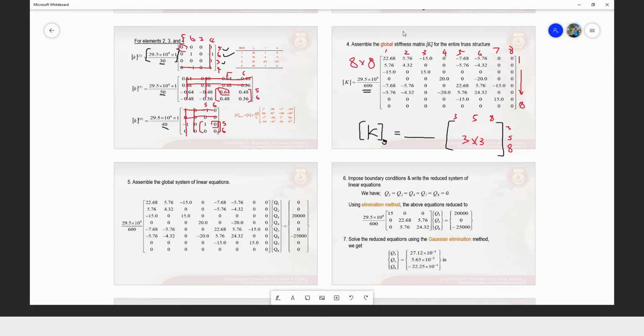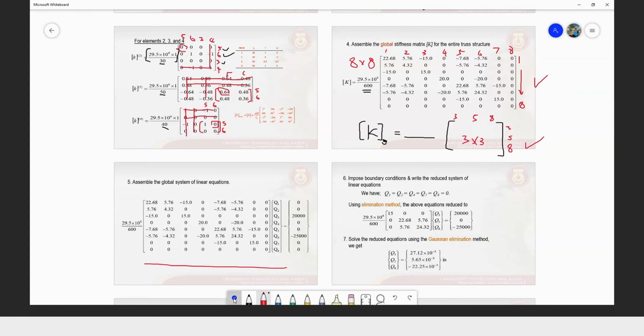And in some cases soalan tu memang dia specifically explicitly mentions yang kita minta kamu sediakan hanya reduced system of linear equation. So just give us the simplified one, which is yang ni lah. This one ni kita panggil full system of linear equation lah kalau kita dah ada macam ni nanti. So now we have K, which is in the form of a reduced K matrix.